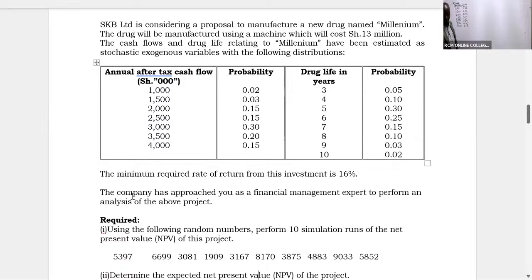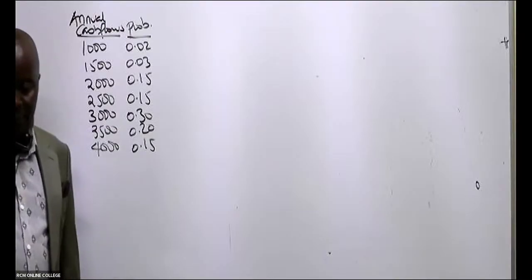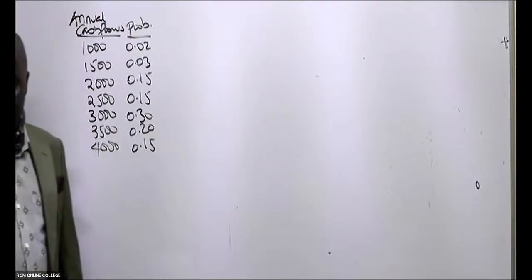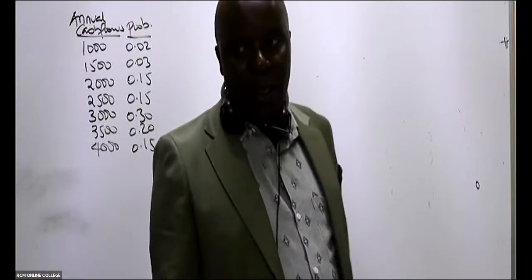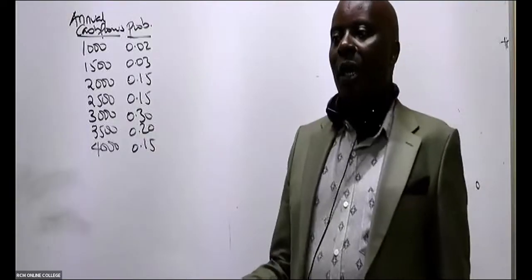First of all, if you look at the question, they want us to determine the following, using the following random numbers, perform 10 simulation runs. To simulate, the first step will be for you to come here and they give us random number ranges. But how do I get random number ranges without cumulative?